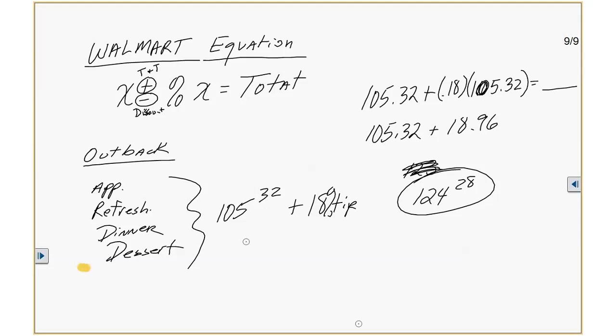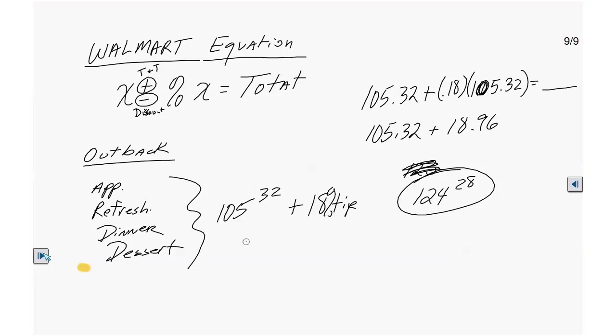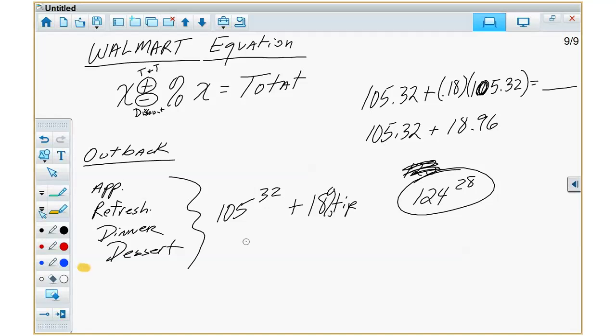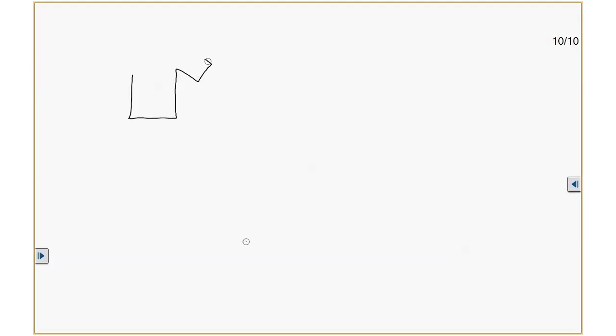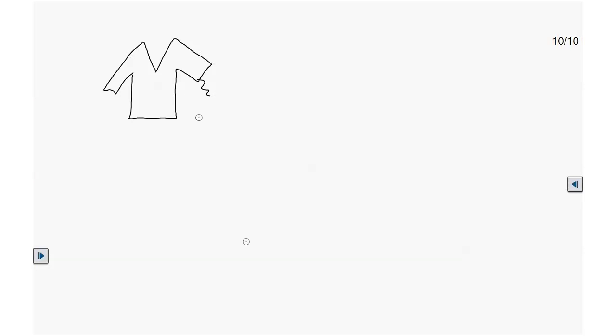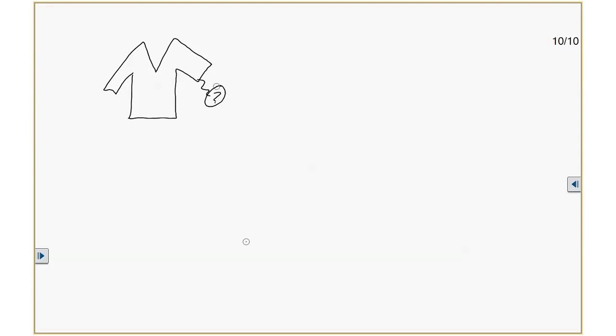All right, now you do one. I'll give you an example. You do it. Let's say that you got a shirt or a blouse or whatever you call it, whatever gender you are, and the tag's torn off of it. There's no tag. And it's on a table.